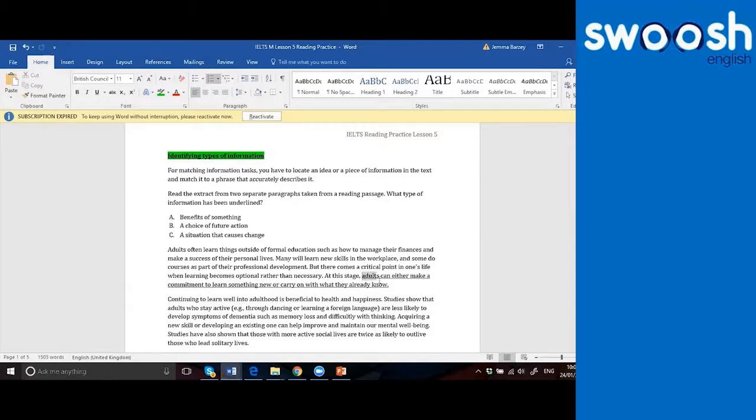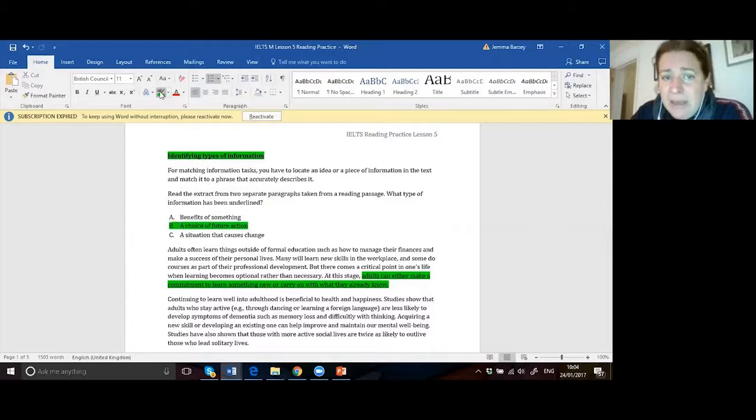So just looking at this last sentence, where it says adults can either make a commitment to learn something new or carry on with what they already know, I think it's B. What does anyone else think? Because it says can either and says two options, so it's a choice. Yeah, so it's linking with a choice of future action, okay? So what this sentence is about is a choice of further action.